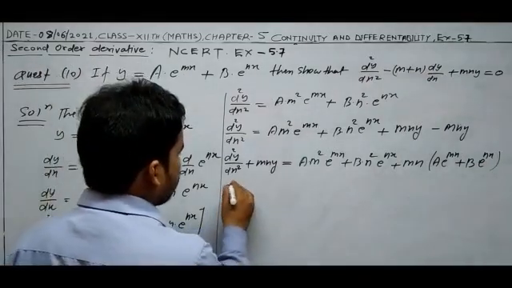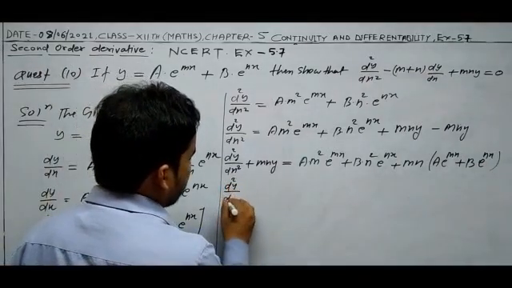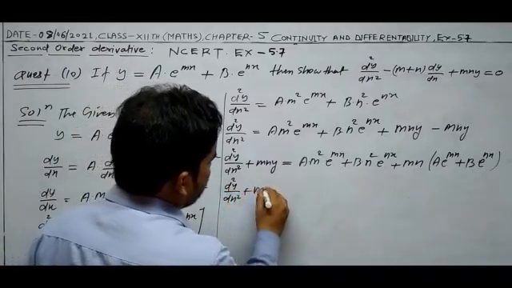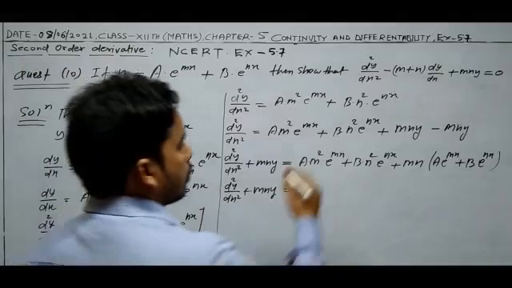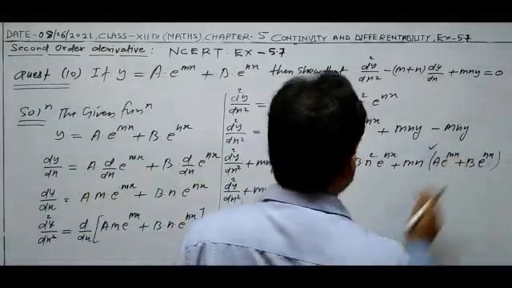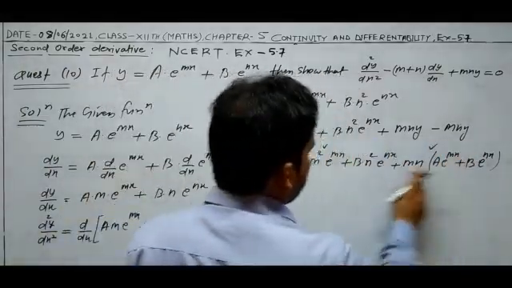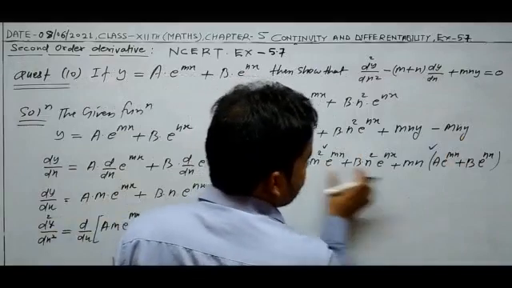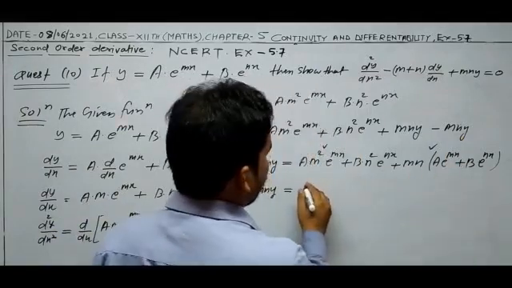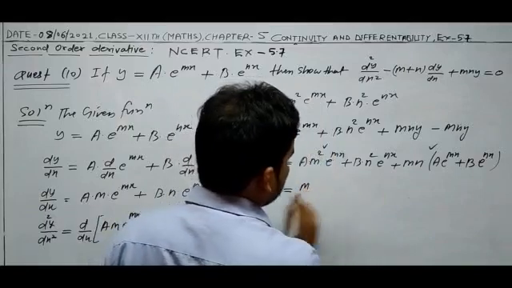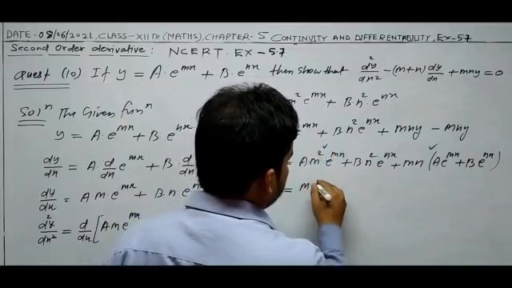So d2y by dx2 plus mny is equal to, you will take m common from these two terms, first and third, after multiplying. So when you take m common, what will you get as the result?